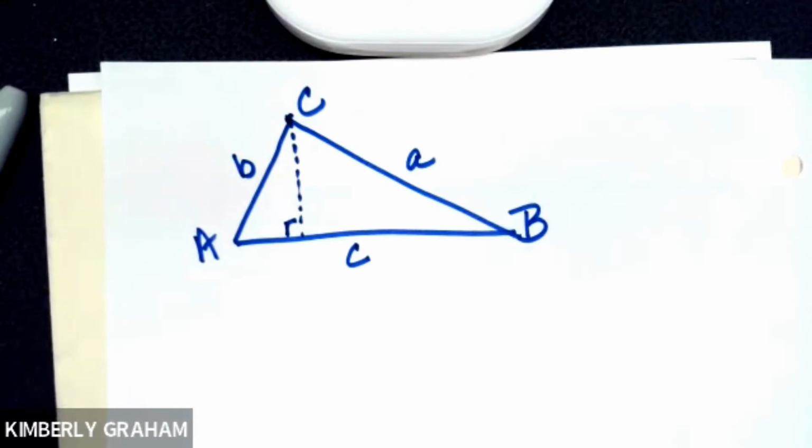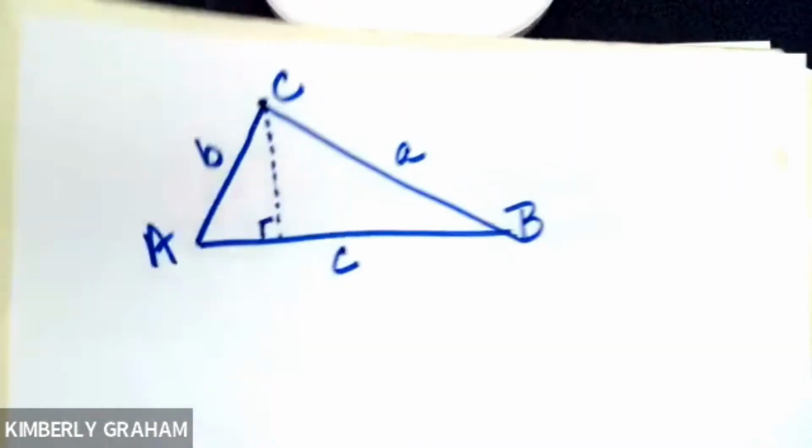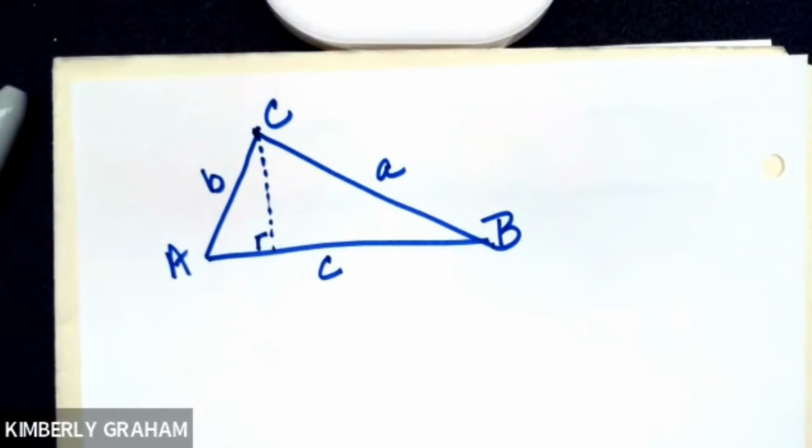Well, I can use my definitions of sine, cosine, and tangent. You know, it's opposite over hypotenuse and adjacent over hypotenuse and all of that to write expressions for this.